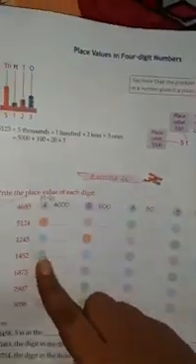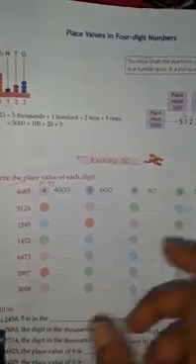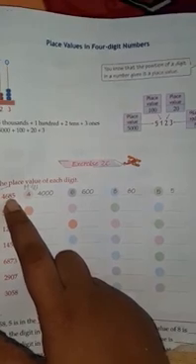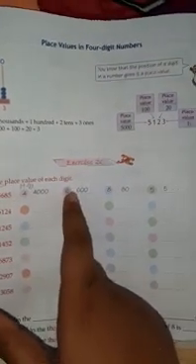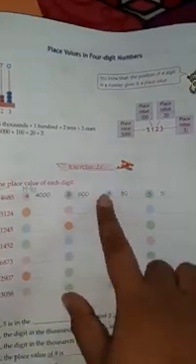Here each number's place value you will write, meaning here 4 is given. From the 1000 place to the 1's place you will start. So the first, 1000 place number is 4. You will write in the circle, it will be 4000. Then the 100 place number is 6. In the circle you will write 6 and the place value you will write in the blank. Then in the 10's place 8 is there. So in the circle you will write 8 and the place value of 8 is 80.